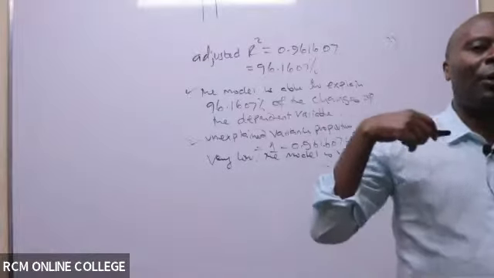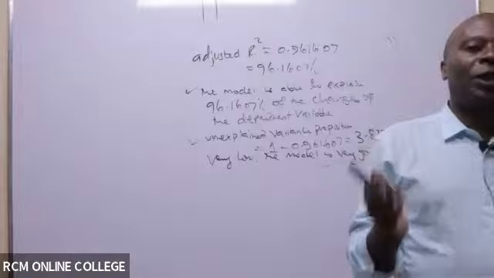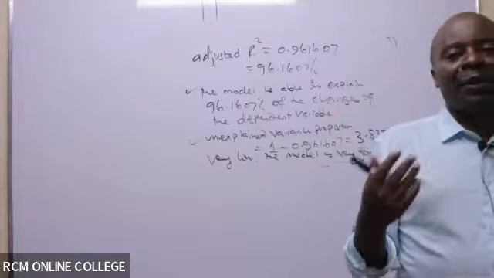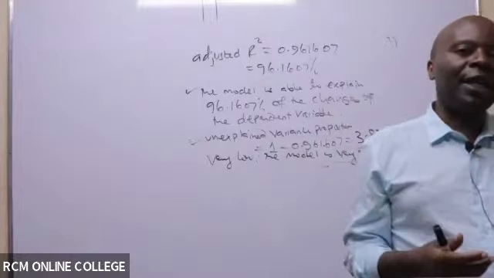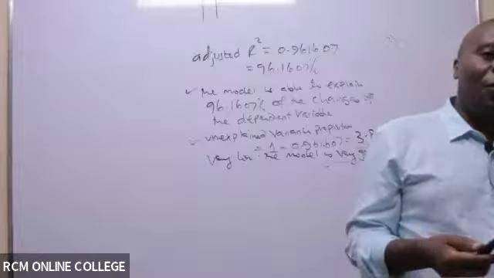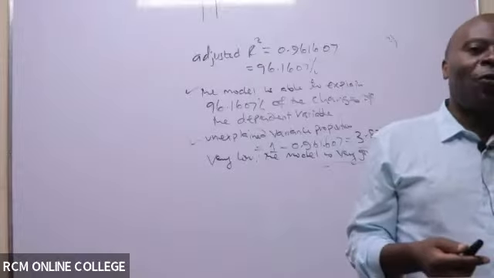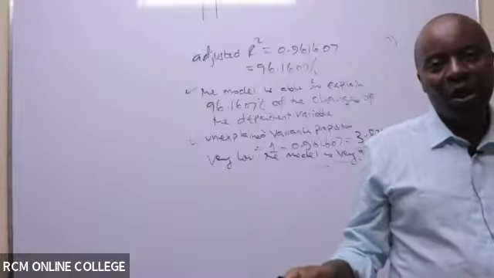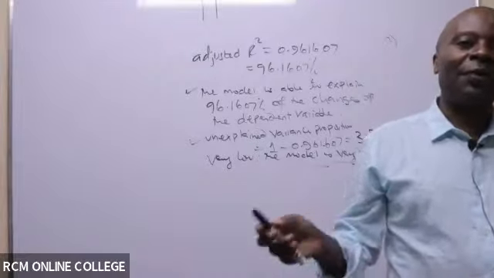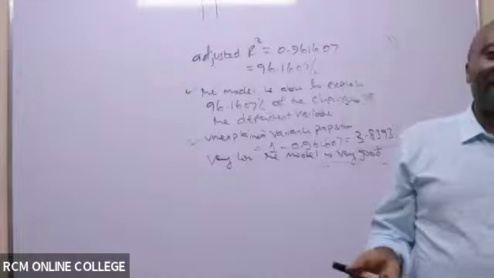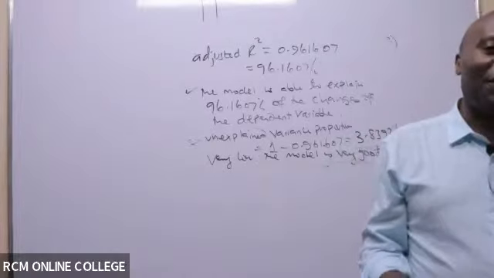So whenever they talk about the coefficient of determination, always remember it is a percentage. Once you have the percentage, the rule of thumb is that if it's very high, it's very good. If it is below 50%, that is very poor. Honestly, even in our normal lives, if you are below average, that is very bad.